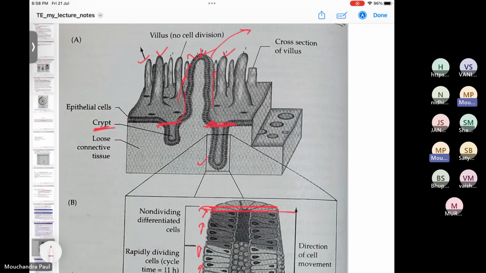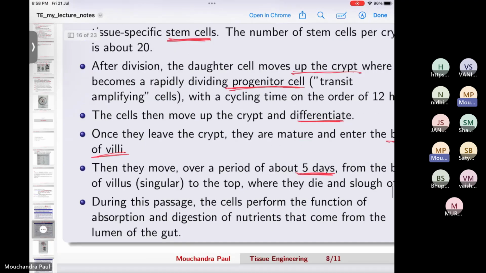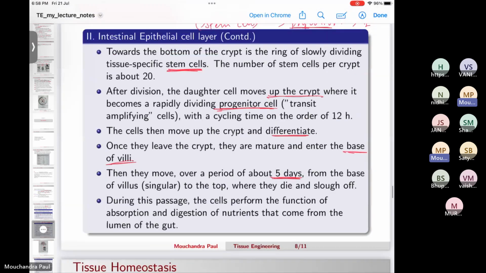This is how the movement of the cells is happening, and while they are moving, they are also changing their states, from a non-differentiated state to a differentiated state. Not only are they changing states, they are also doing an important function: the absorption and digestion of nutrients. So you can understand how complex it is.